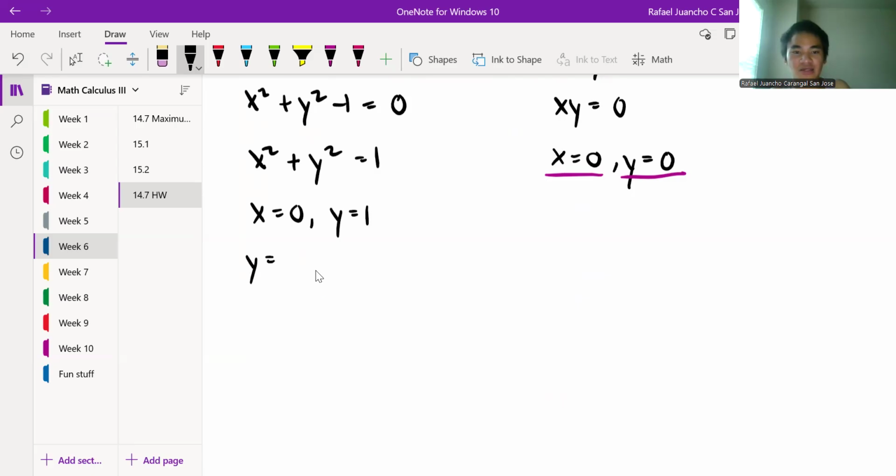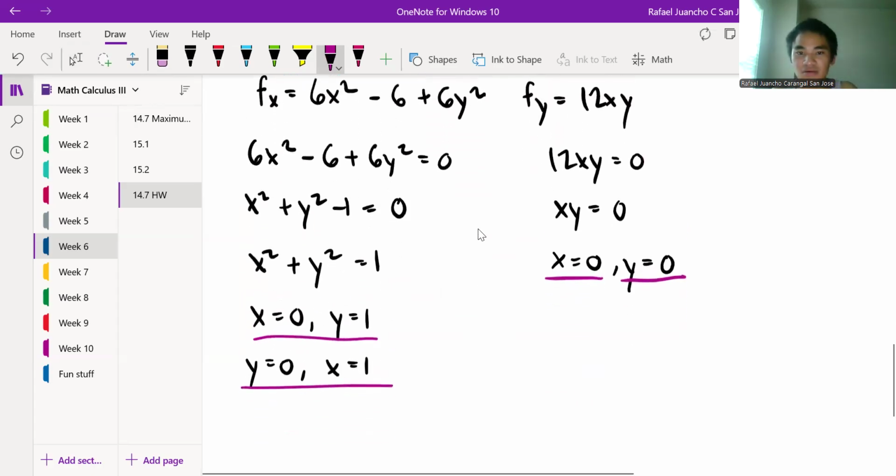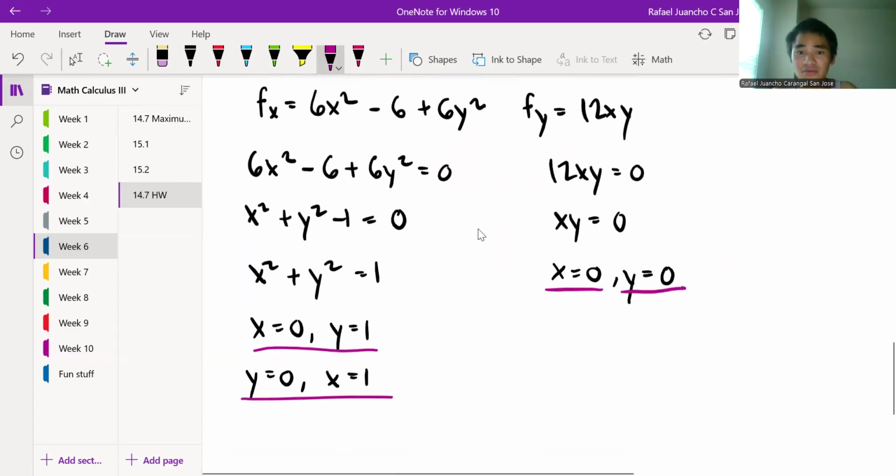If my y is 0, then my x is 1. So these are two other points. I have no idea what else I could choose. I got 3 though, and I think that should be fine. I don't know, unless I mess something up.